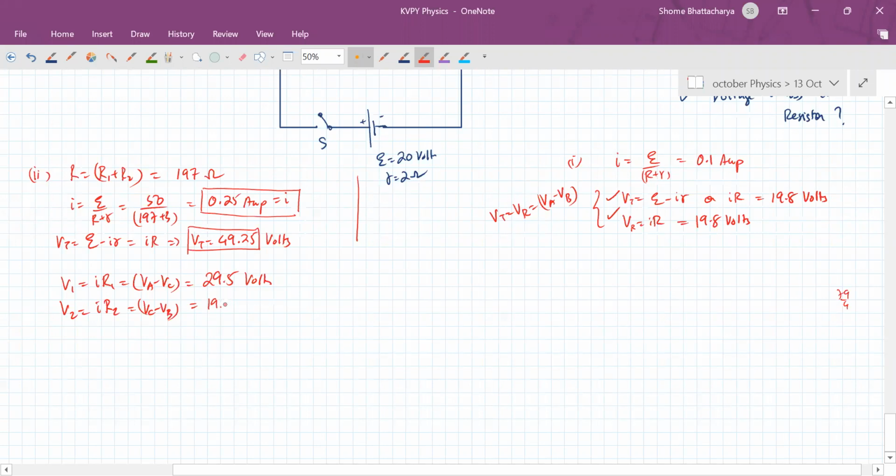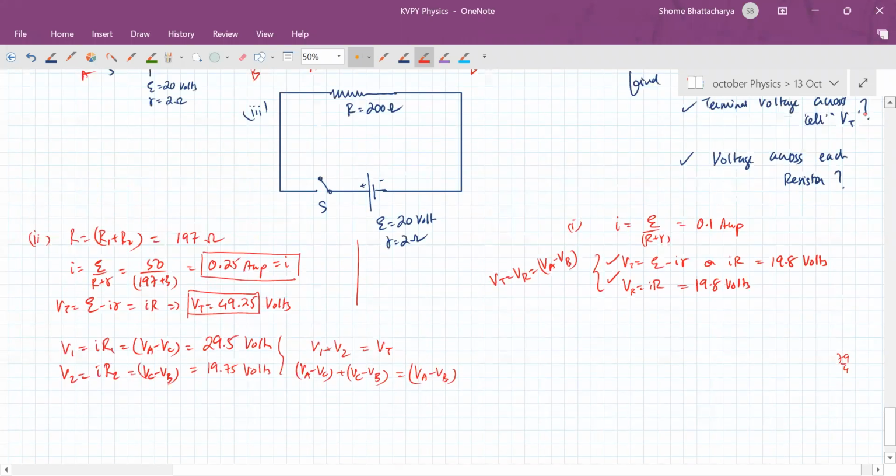So you can see in this case what is happening, V1 plus V2 is equal to the terminal voltage, because this is VA minus VC and this is VC minus VB. That is equal to the terminal voltage, which is VA minus VB. That's how Ohm's law is working out in that particular circuit.